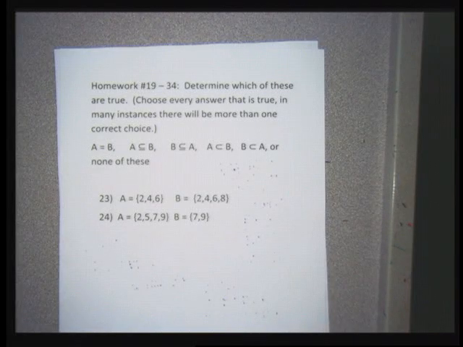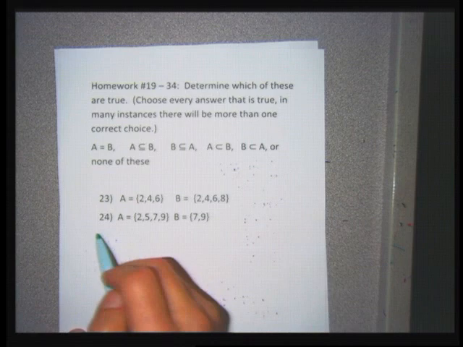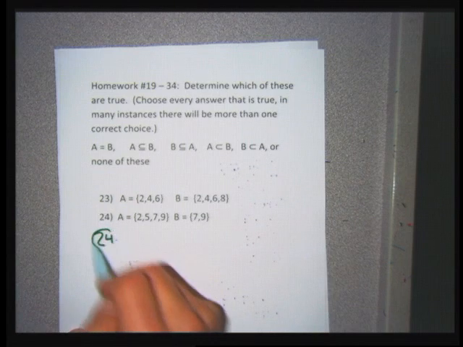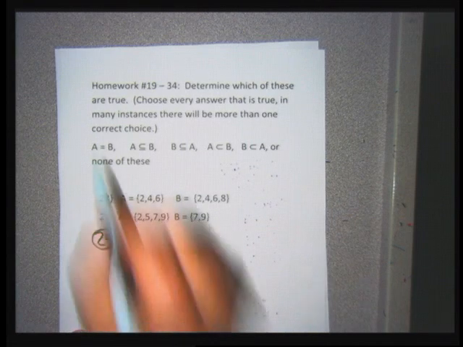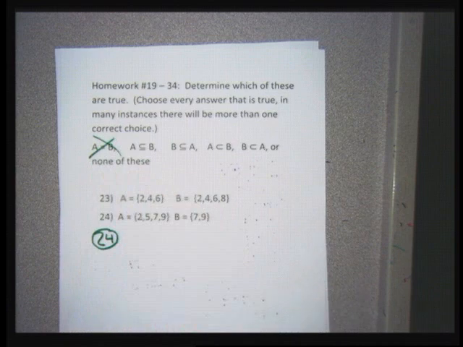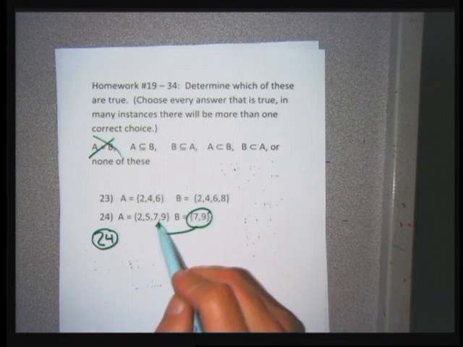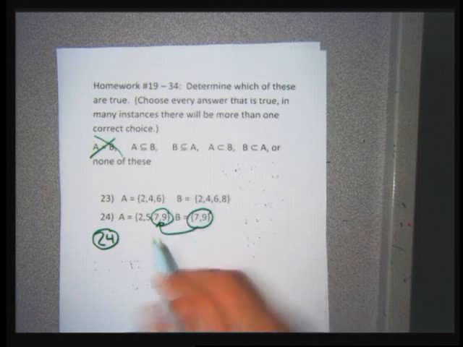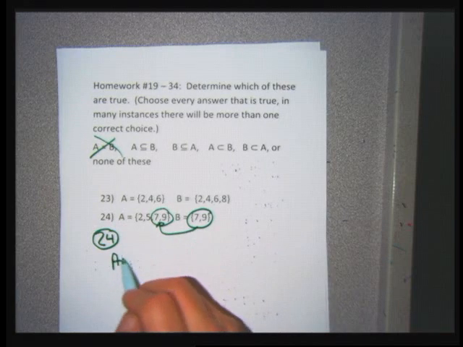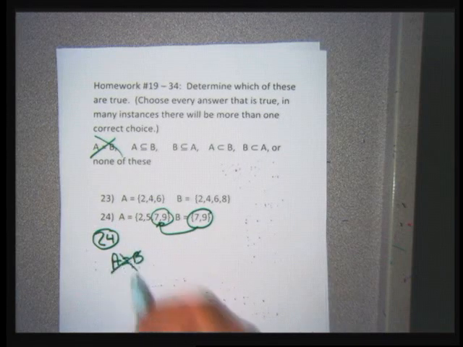All right, so 24 is the next one I'm going to attack. And these aren't equal to each other. They don't have exactly the same elements, so I'm not going to worry about that. And for me, I can see that A is not contained in B. B is contained in A. So immediately, they're not equal to each other. I'm going to cross out that one.